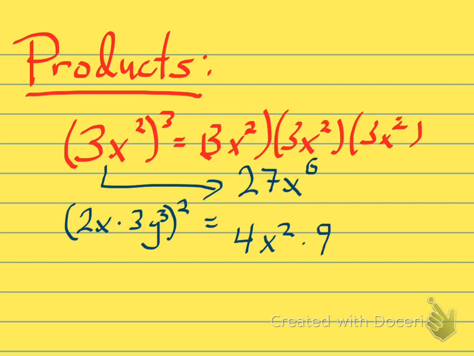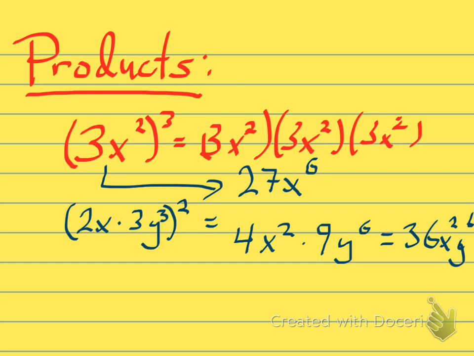And y cubed squared, that would be y cubed times y cubed. That would be y to the what power? 3 times 2, so 6. Now, we could have combined ahead of time. We can go ahead and combine now. The 4 times 9 part, those are both numbers, coefficients. So let's put those together. That's 36 x squared y to the 6.